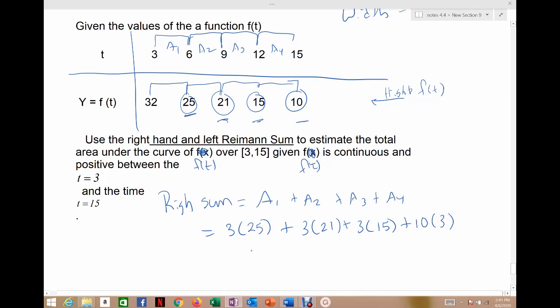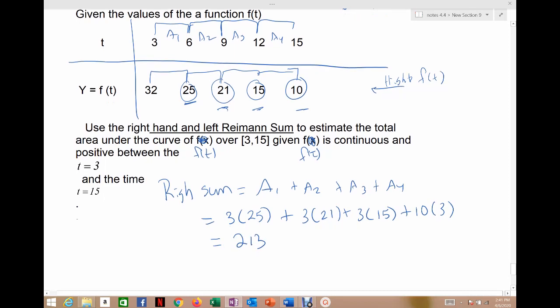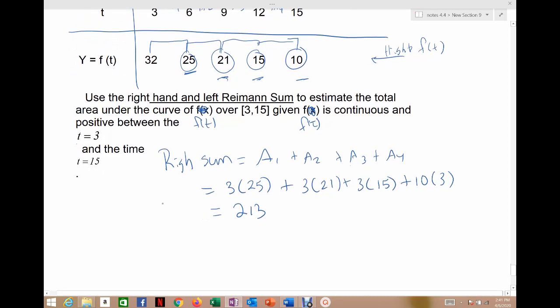I'm just going to multiply it out as is, and so my right sum would come out to be 213. So the area would be 213 on the right side. That's my right sum.